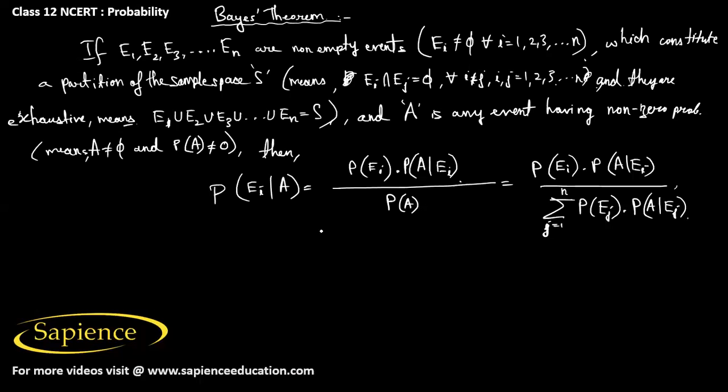So this is applicable for all i equals 1, 2, 3 till n. So for any event Ei, it is applicable.